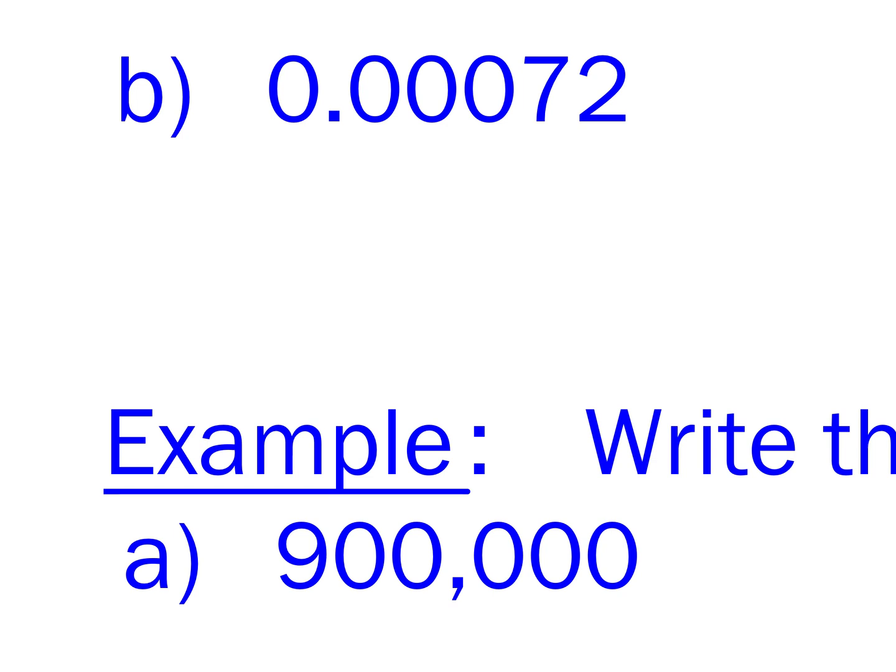Very good. We're going to move the decimal one spot to the right. Now the decimal's here. So now there's only 2 zeros between this decimal and the 7. So 0.00072 becomes 0.0072.